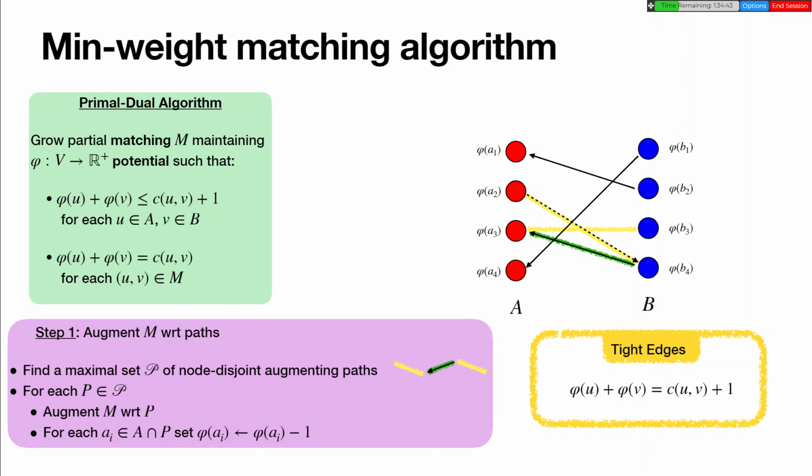The solid black edges here are the edges already included in M, and then forward again along a tight edge. So basically tight edge, existing edge, tight edge, and so on.